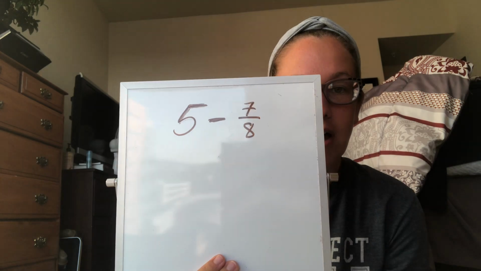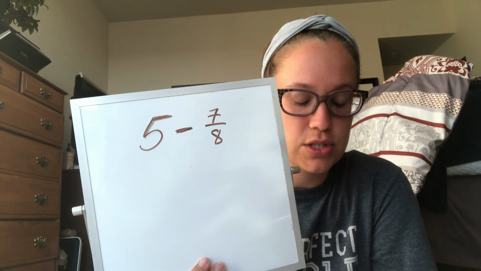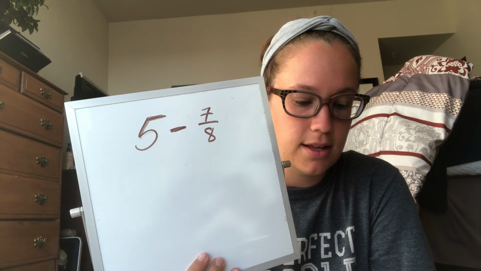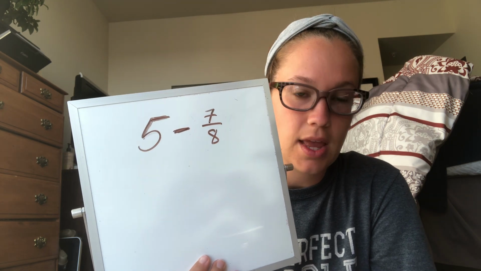All right, let's do 5 minus 2/6. Well, that's not in simplest form, so let's do 5 minus 7/8. 5 minus 7/8. So just do this wherever you have space. If you have your review out, maybe on the side or on a back page.